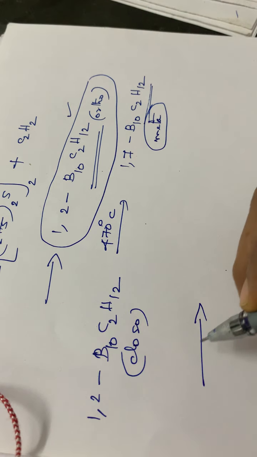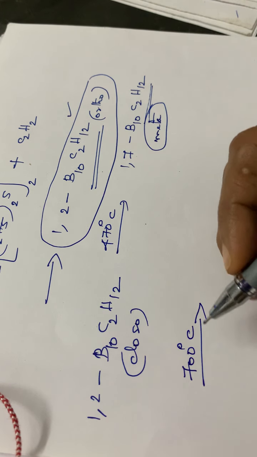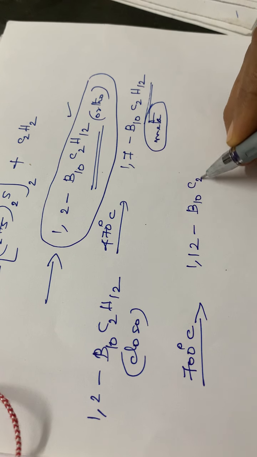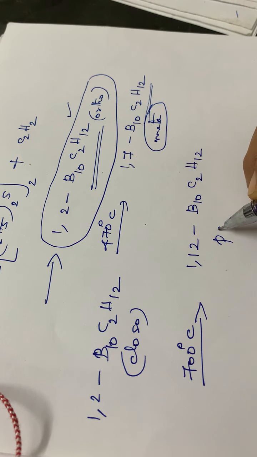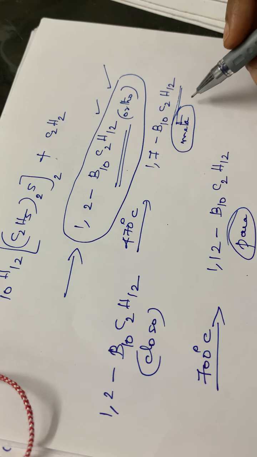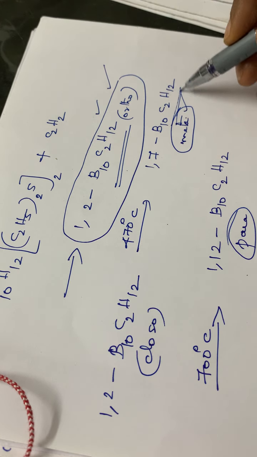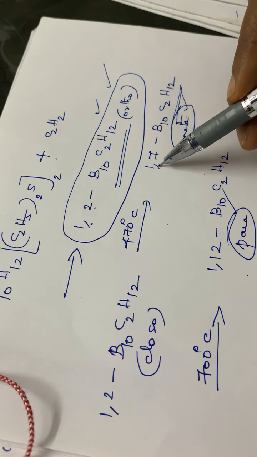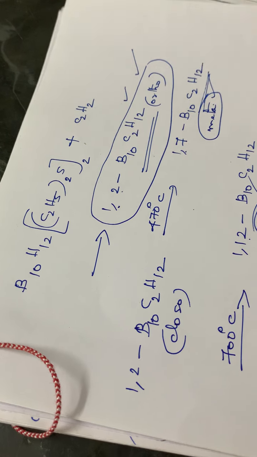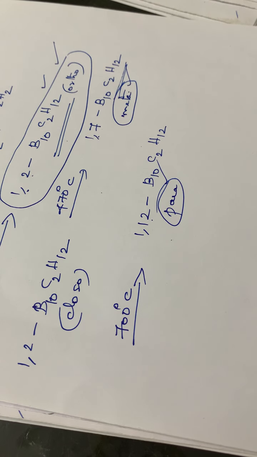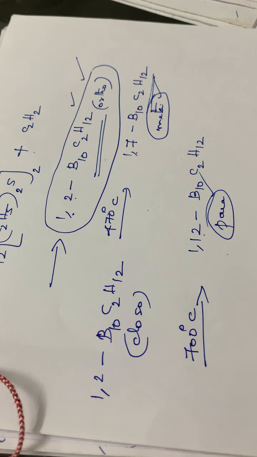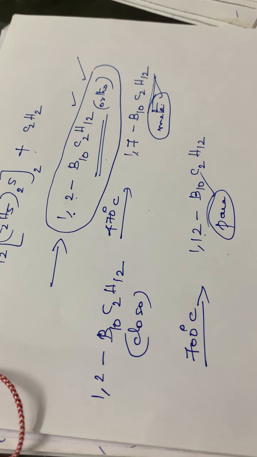Then again this meta form on heating to 700 degrees Celsius, we will be having the para form, that is 1,12 B10C2H12. So we will be having the 3 isomeric forms of this clozocarborane: ortho, meta and para. Ortho is 1,2, meta is 1,7 and para is 1,12. So the starting compound is nidoborane, isn't it? B10H14. So this is regarding the preparation of this type of clozocarboranes.